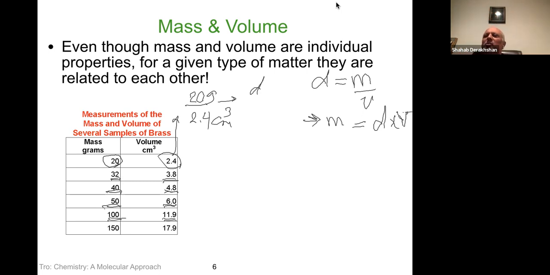In your algebra, you're familiar with equations such as y is equal to a times x plus b.